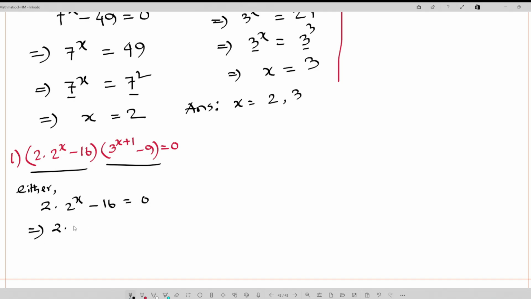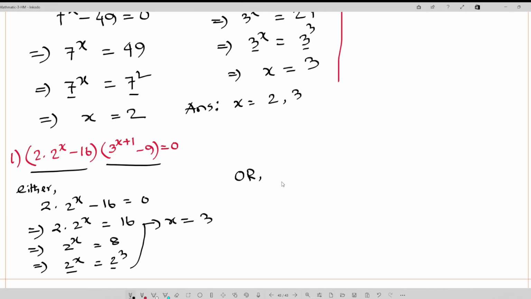Then 2 times 2 to the power x equals 16. If we divide both sides by 2, it becomes 2 to the power x equals 8. Then 2 to the power x equals 8, which means 2 to the power 3. Then the bases are the same, so x equals 3. This is one answer.